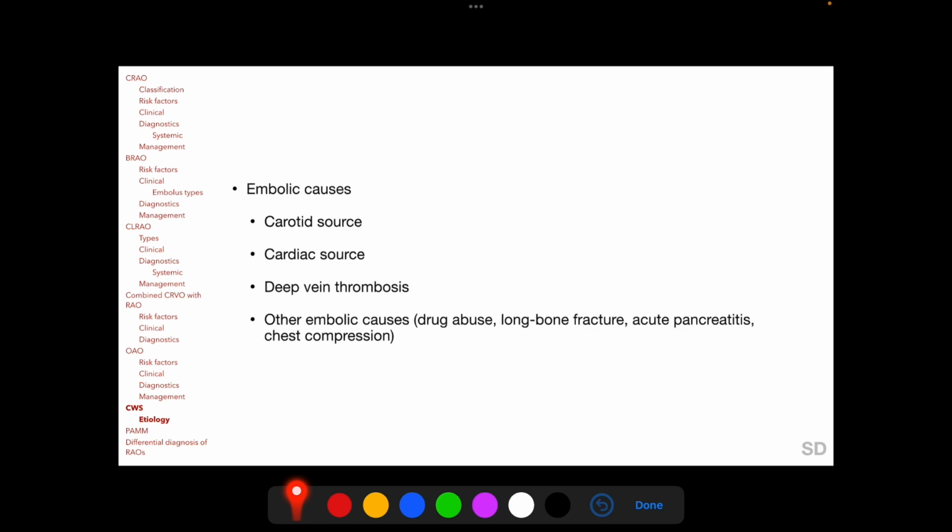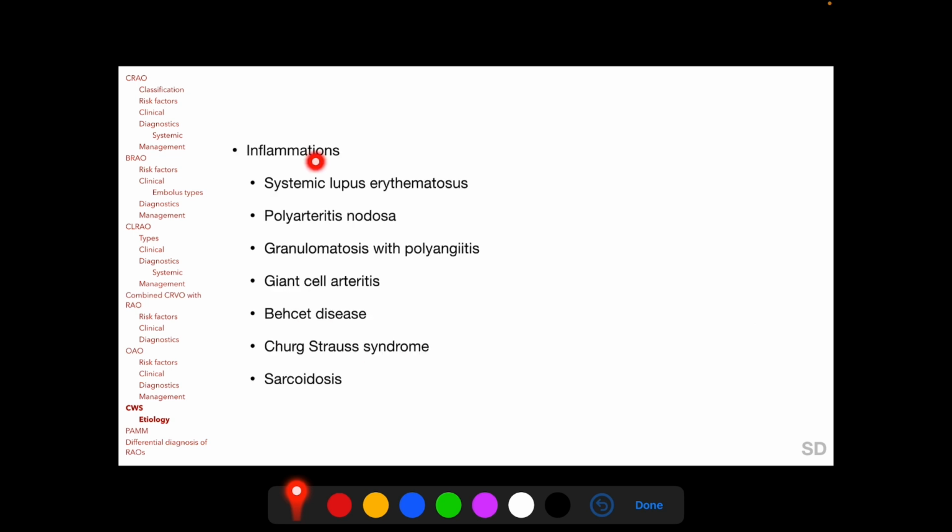Cotton wool spots can occur due to an embolus arising from a carotid source or a cardiac source, or from deep vein thrombosis if there is a cardiac septal defect, as well as from other sources such as drug abuse, long bone fracture, acute pancreatitis, and chest compression. Systemic inflammations can cause cotton wool spots, and we have mentioned these inflammatory etiologies earlier in this session.